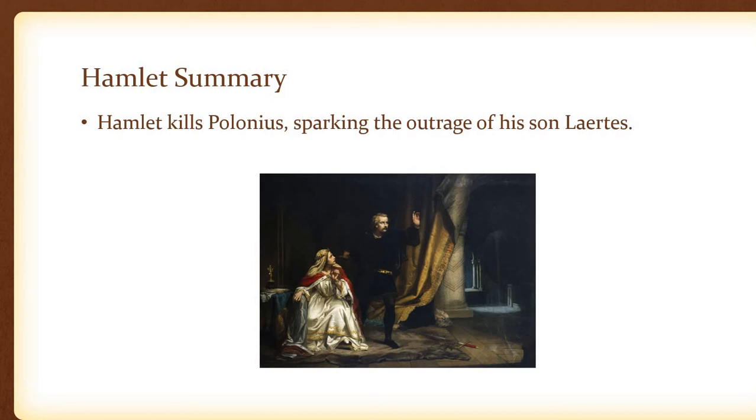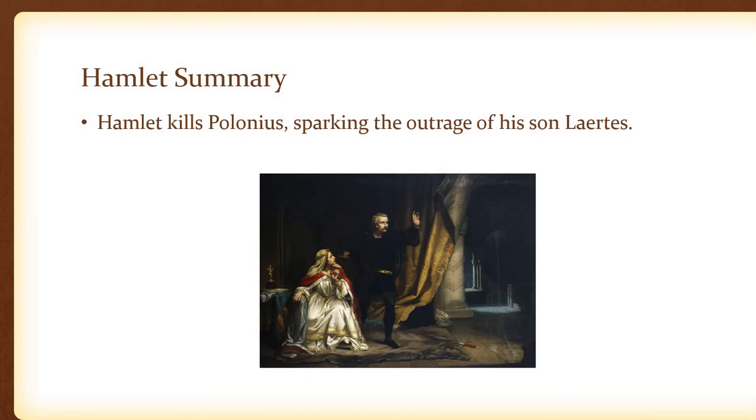Prince Hamlet, after this point, goes up to his mother's chamber, and he sees some ruffling behind the curtain as he's arguing with his own mother. And he assumes that this ruffling is Claudius, but then he stabs the person behind the curtain. The person behind the curtain was none other than Polonius. Polonius was the father of Ophelia, so the father of Hamlet's lover, and the father of a young man by the name of Laertes.